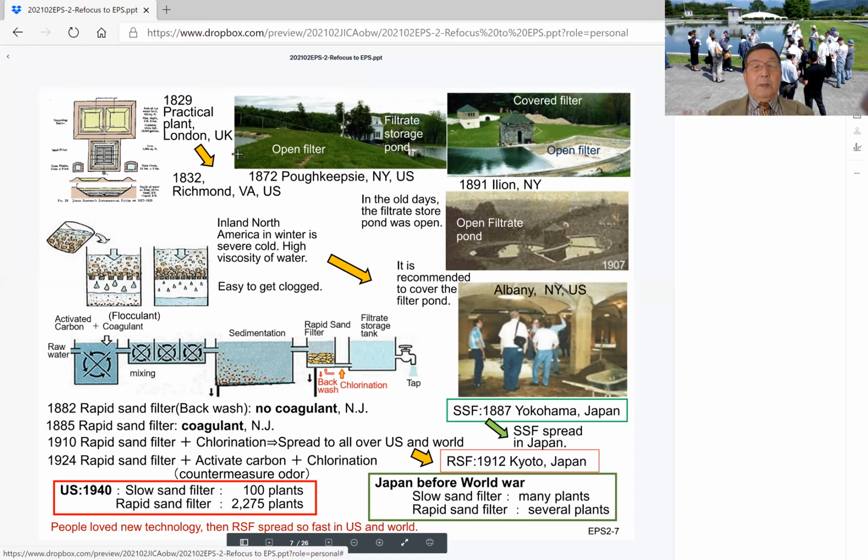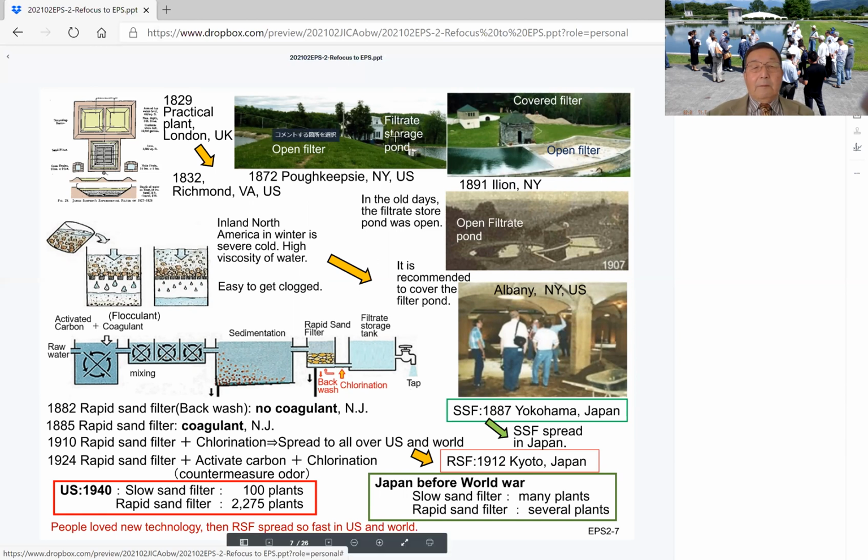This one is in the coastal area, therefore this one is an open filter. And a little bit inside of the coastal area, this is Ilion, New York. It was also an open filter, but behind is a covered filter.